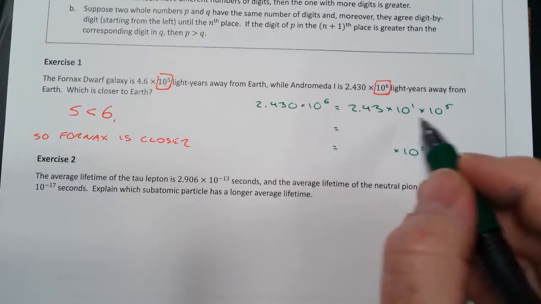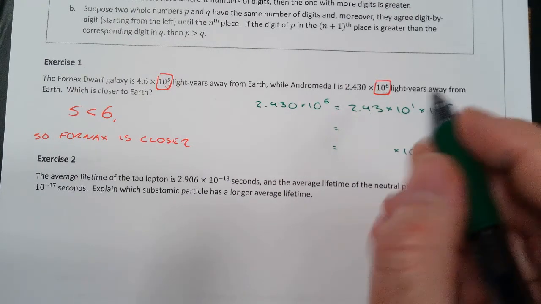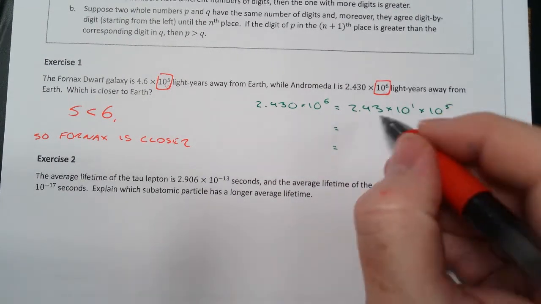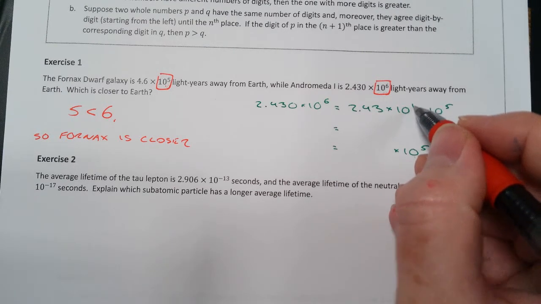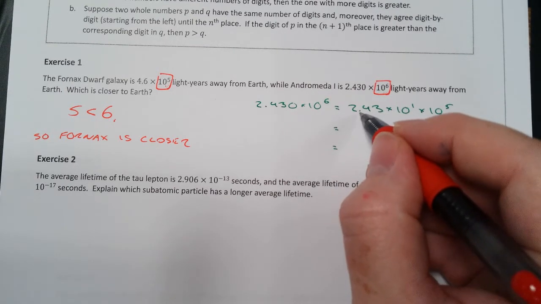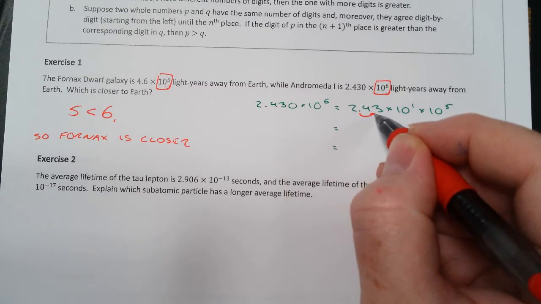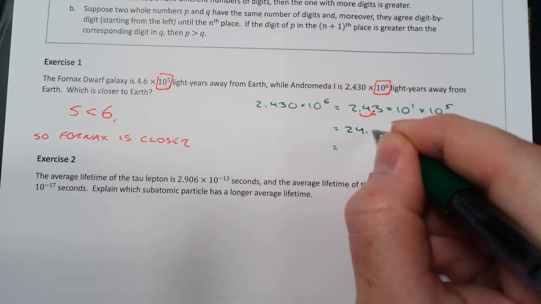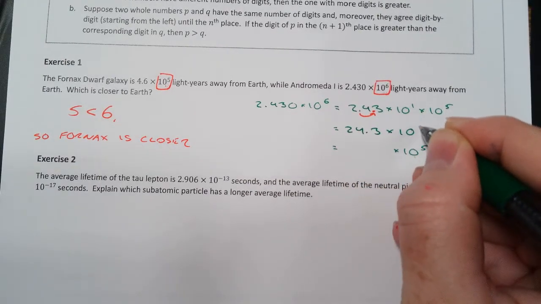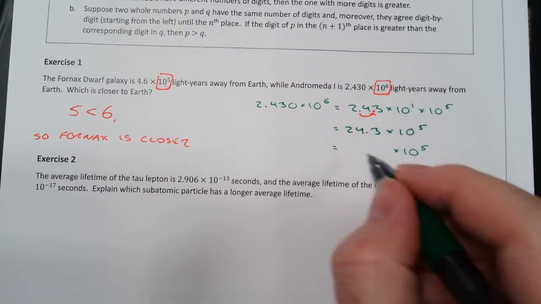After I split it up, you see that I need to move the decimal multiplied by 10, which means I'm moving it one place value, and I'm making it bigger, so the 2.43 gets bigger and turns into a 24.3 times 10 to the 5th. I combined these two.